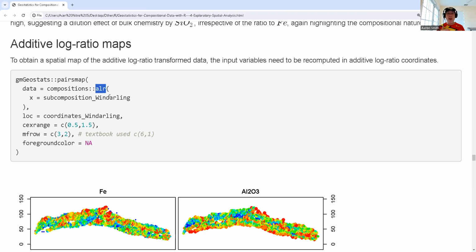The way that it's set up by default in the composition package is that the last column is my reference level, and so that will always be in the denominator. So we're going to take the ratio of the observed value over the residual, take the logarithm, and that is our additive log ratio. All right, so here I am just doing the transformation, and you notice that everything else is the same.